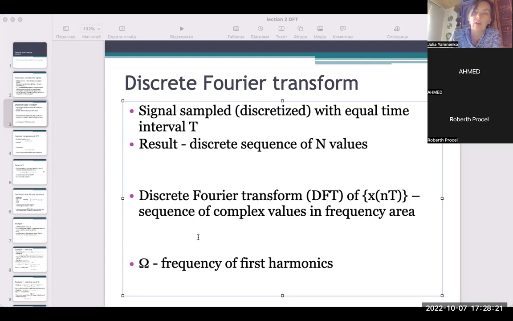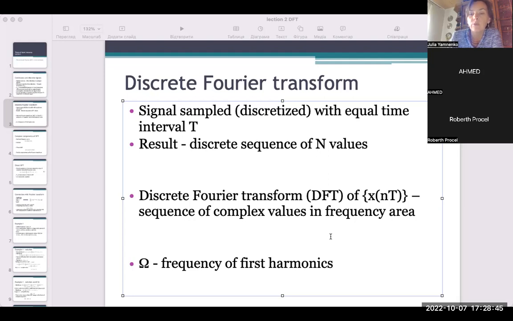As regards the values of the spectrum, we have X capital from 0, X capital from omega, where capital omega is analogous to round frequency, X from 2 omega, and so on. The last member is X capital from (N minus 1) multiplied by omega.